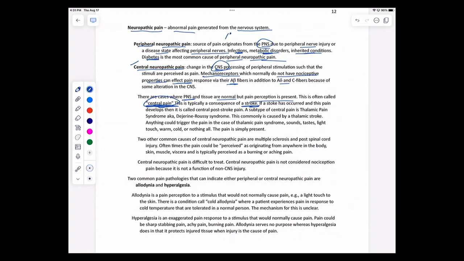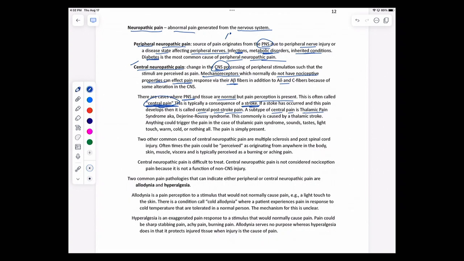And so that is a type of central pain. If you have central pain in response to a stroke, then what they would call that would be a central post-stroke pain. A subtype of this central pain is called thalamic pain.